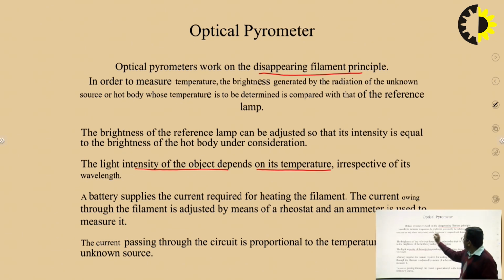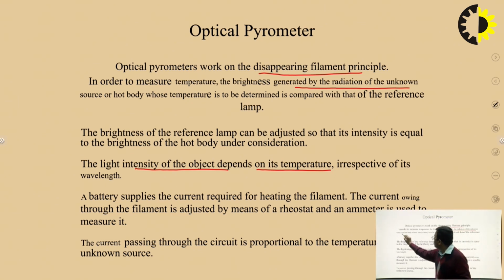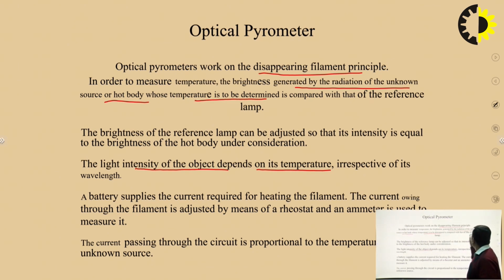So in order to measure the temperature, the brightness generated by the radiation of the unknown source or hot body whose temperature is to be determined is compared with a reference. That reference is a filament. Two surfaces at the same temperature will emit the same intensity of light; that is the basic principle behind this.